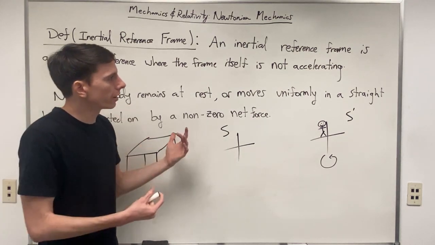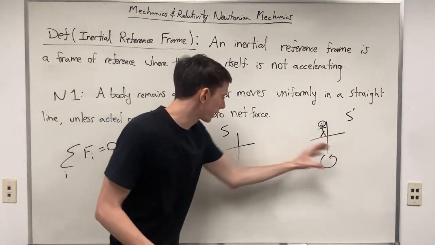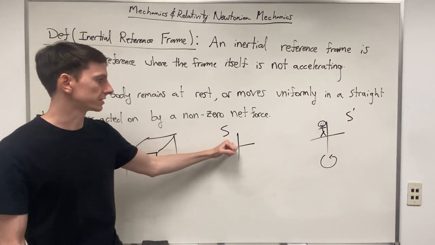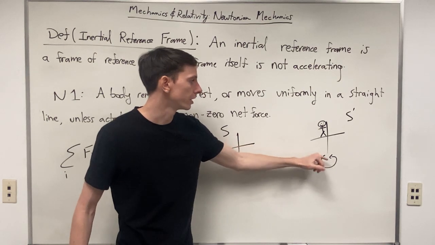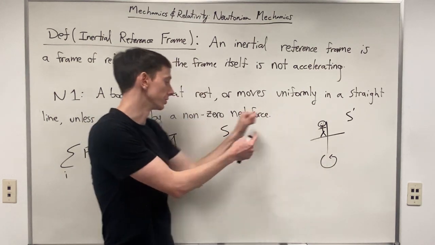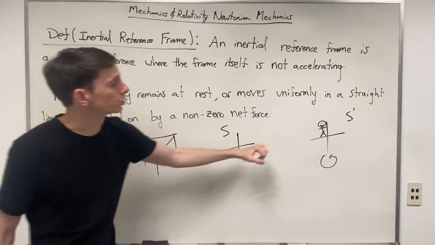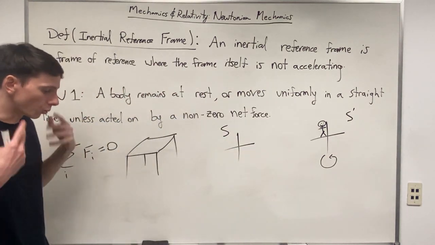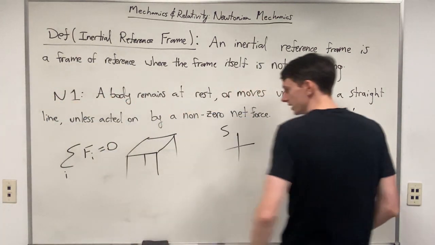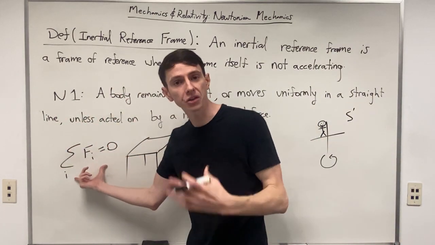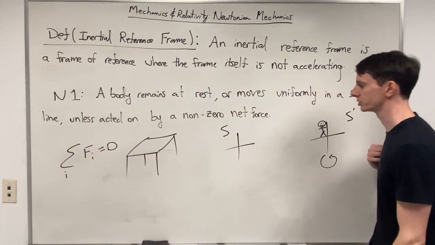We need to go beyond just looking at one frame relative to another. Here it looks like we're standing still, this one's rotating counterclockwise. Here it could look like we're standing still and this one's rotating just clockwise. So how do we know that this one's inertial, this one's non-inertial? What we can do is look at the net forces acting on an object.